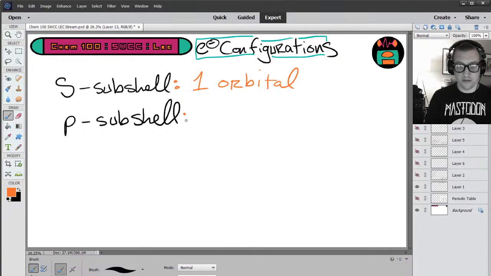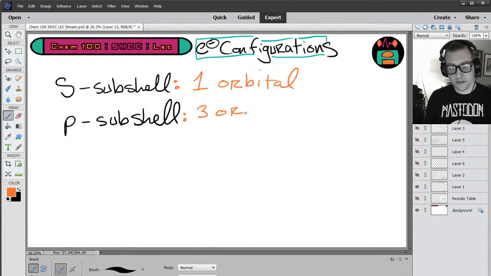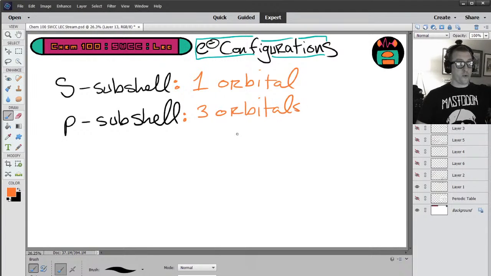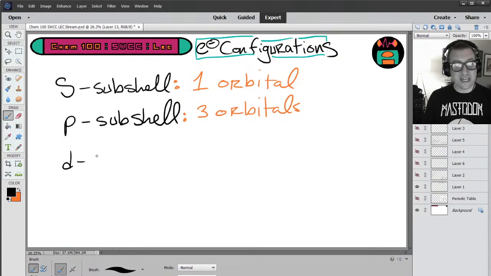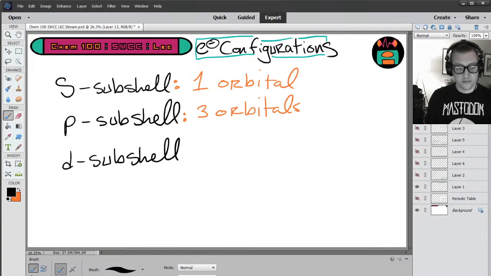Every P subshell, everywhere it exists, will always have 3 orbitals. It doesn't matter if it's on the 2nd level, 4th level, or 5th level, there's always 3 orbitals in every P subshell. Every D subshell has 5 orbitals.